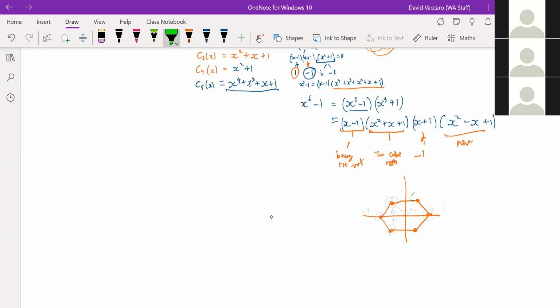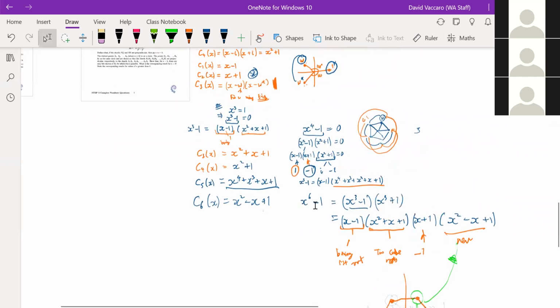So the only 2 roots we've never seen before, the only 2 new ones are here, and they are what's satisfied by this polynomial. So that's C6 of x, that new polynomial.